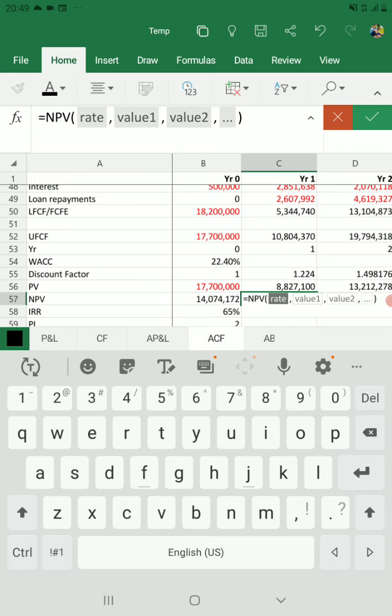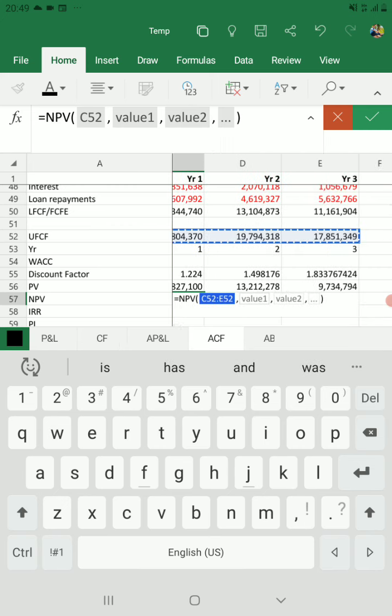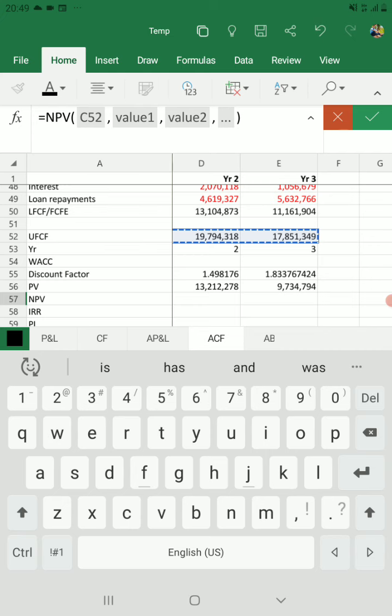The future cash flow starts from year 1 here, up to year 3. This is the cash flow which we are discounting to bring out the present value. The Excel formula will cover that.